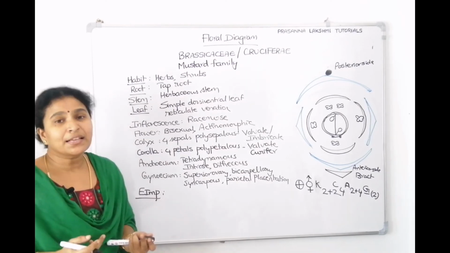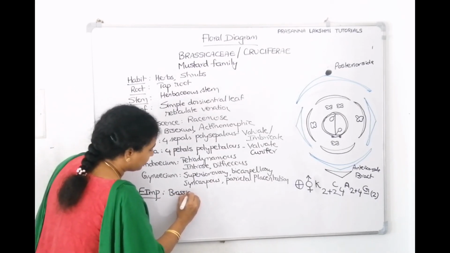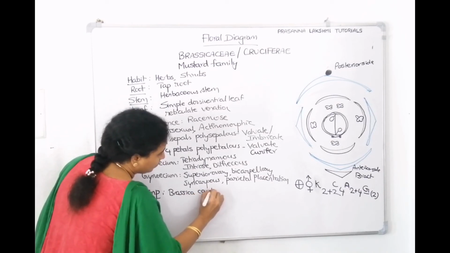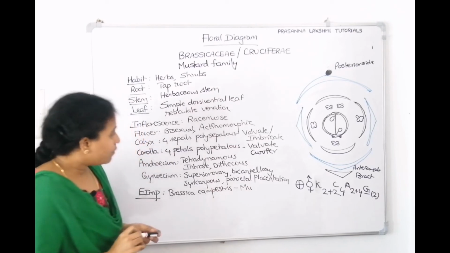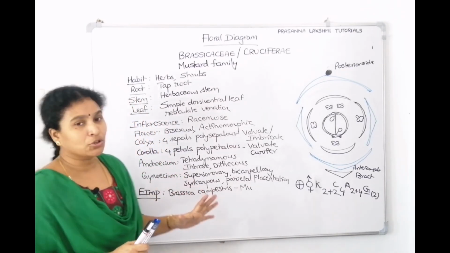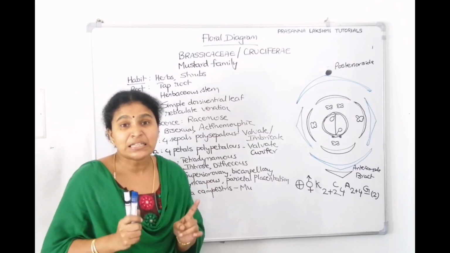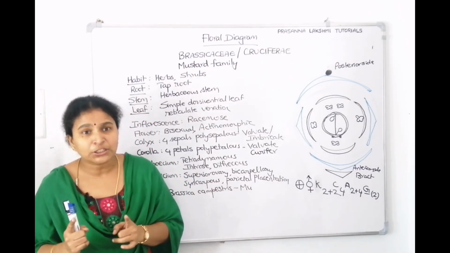Now Brassica is mustard, it's a spice. Brassica campestris means, so we will rub this and we will write it on a clear board. So I think you understood what is meant by the semi-technical description of a floral family. So we have to list down the various morphological characters.